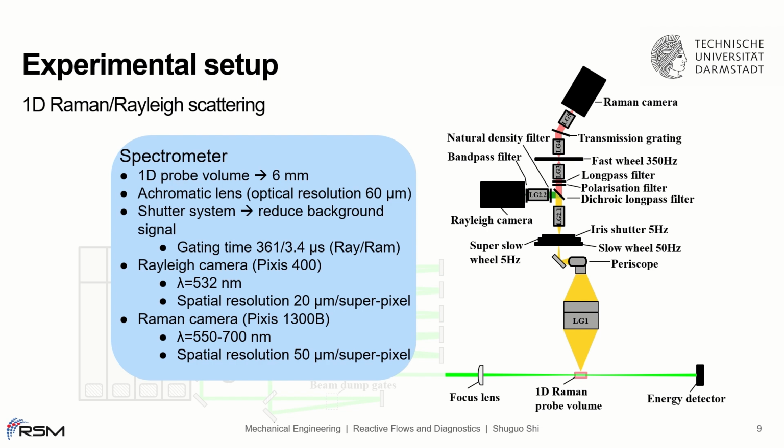The Rayleigh signal with a wavelength of 532 nanometers was captured by the Rayleigh camera with a spatial resolution of 20 micrometers per pixel, and the Raman signals of major species with wavelengths between 550 and 700 nanometers were collected by the Raman camera with a spatial resolution of 50 micrometers per pixel.